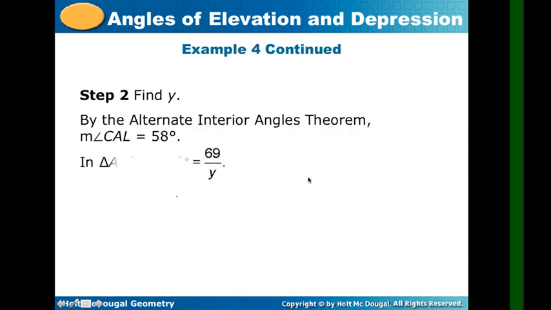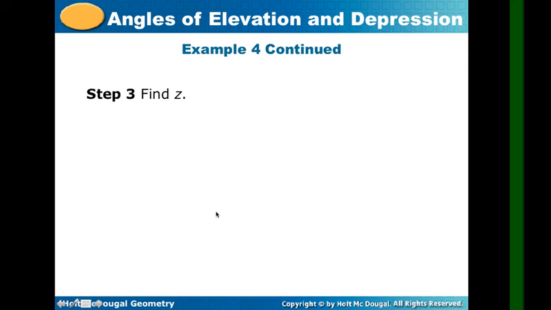Again, 48 yan, hindi siya 58. So, we have tangent 48 equals 69, which is the opposite, over adjacent, which is the y. Change position lang yan. So, magkakaroon tayo ng 69 over tangent 48. So, you will have 62.1. Hindi muna tayo mag-round off ng whole number hangga't hindi pa final yung answer natin. Okay, for Z, yung kabuuan, from C to B.